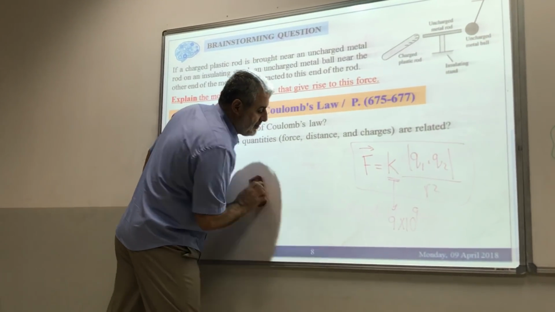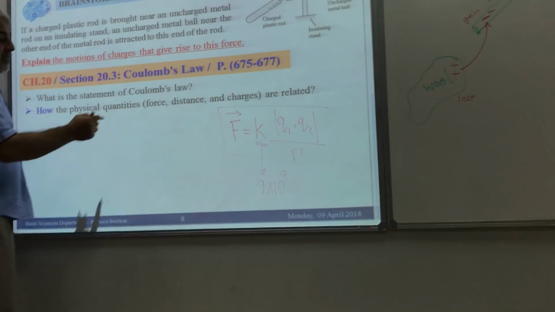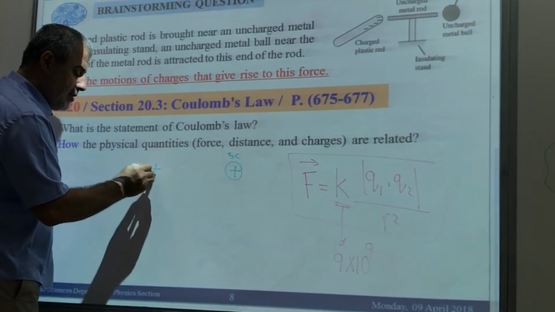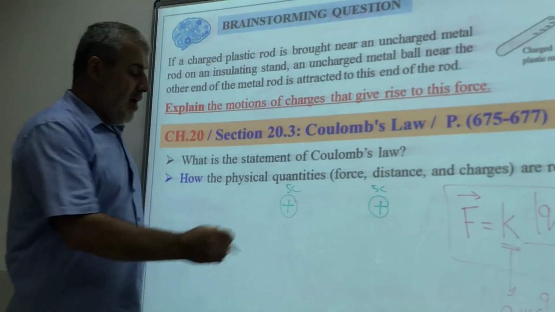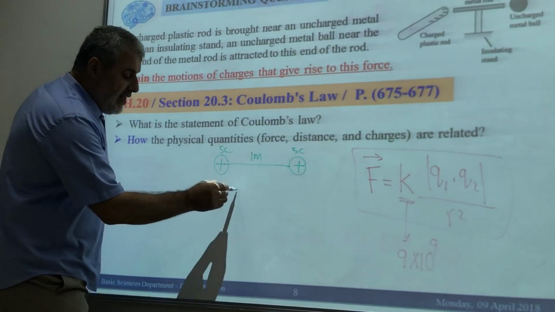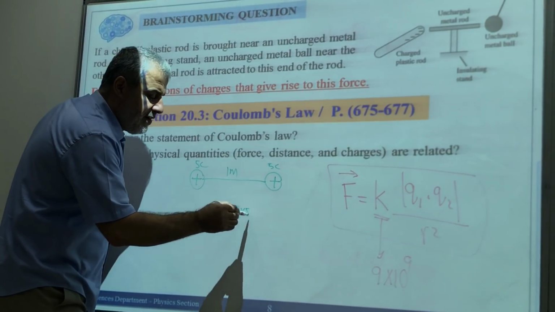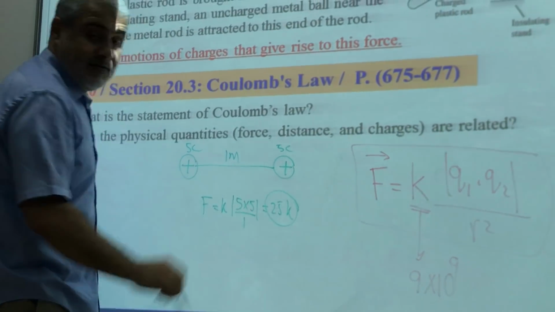Let me show you something. In this problem, suppose we have positive 5 coulombs, and this is positive 5 coulombs. And suppose this is 1 meter. You find F simply. You say K times 5 times 5 over 1. So can I say it's 25K? Just leave it.